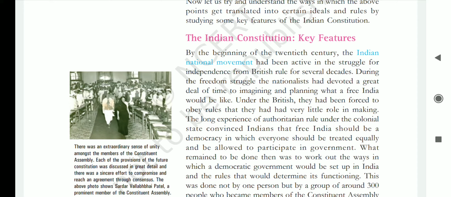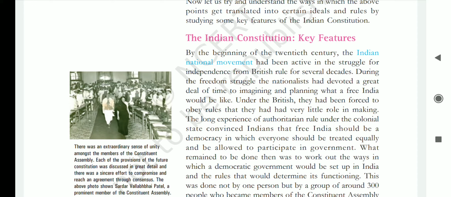During the freedom struggle, the nationalists had devoted a great deal of time to imagining and planning what a free India would be like. So some national leaders devoted a great deal of time, and they imagined and planned the future.